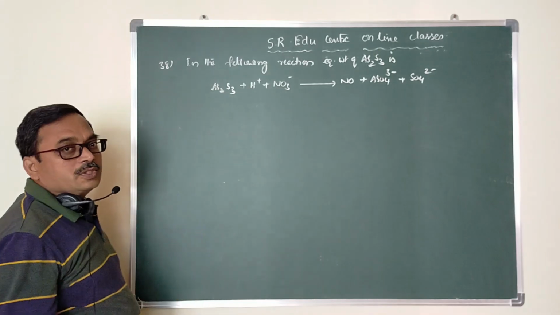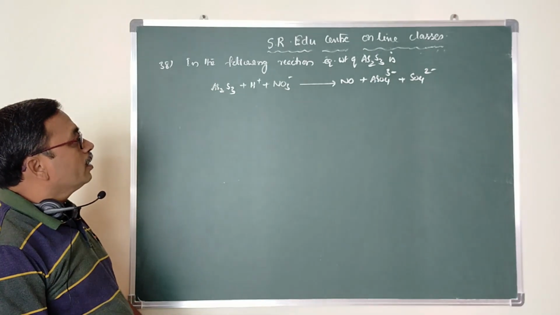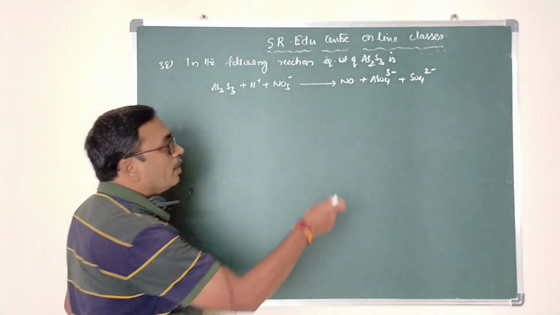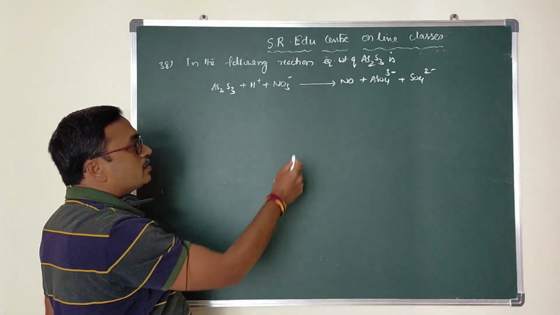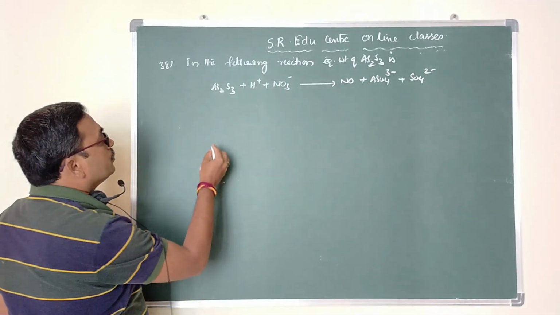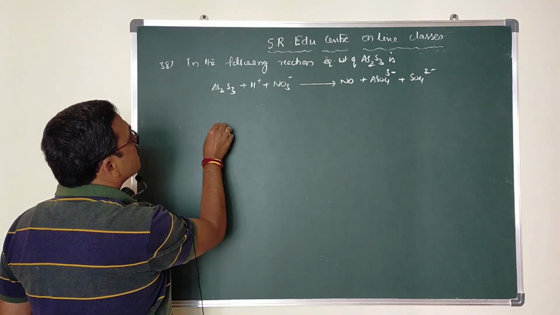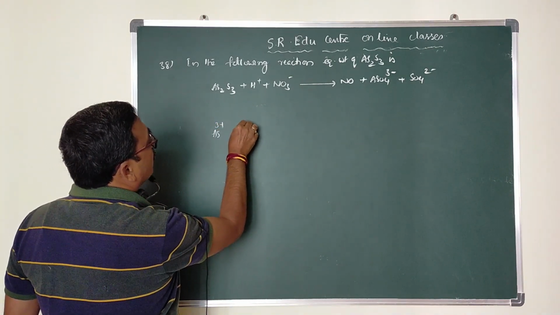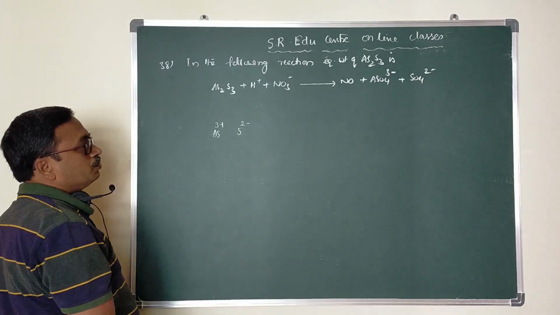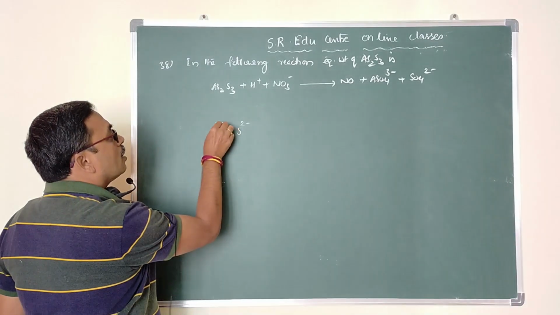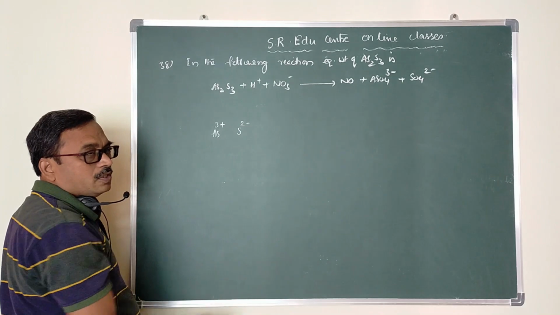Next question is question number 38. In the following reaction, equivalent weight of As2S3 is, the equation is given like this. See here, arsenic oxidation state is +3, sulfur oxidation state is -2.